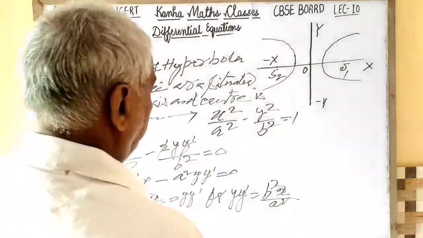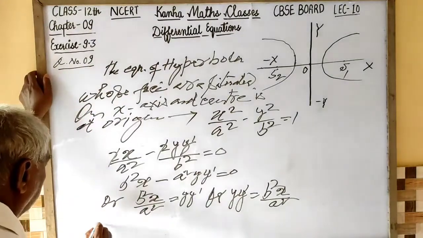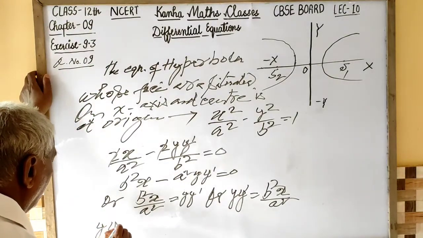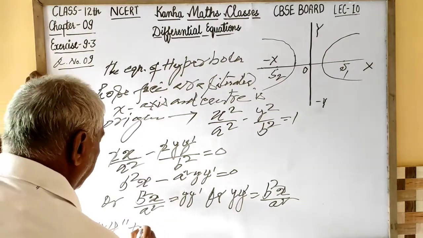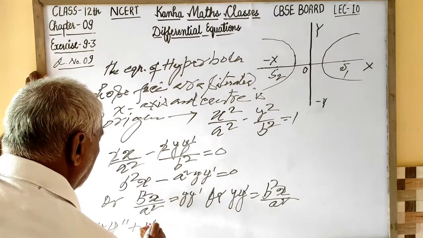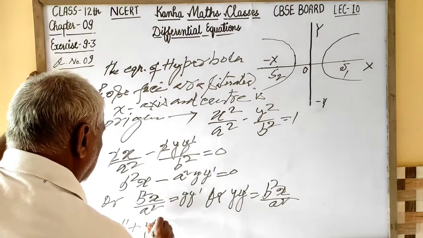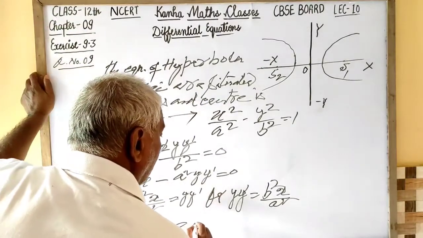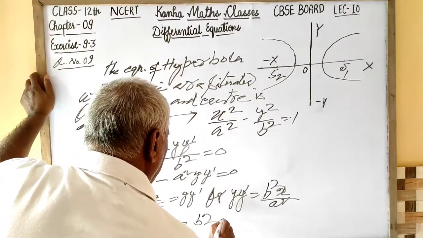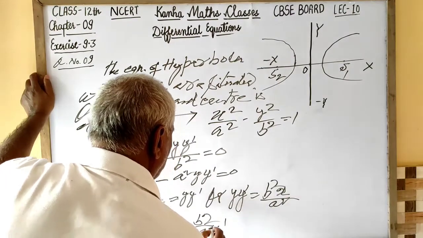Taking the second derivative of this function, y into y double dash plus y dash square is equal to b square upon a square, x means 1.